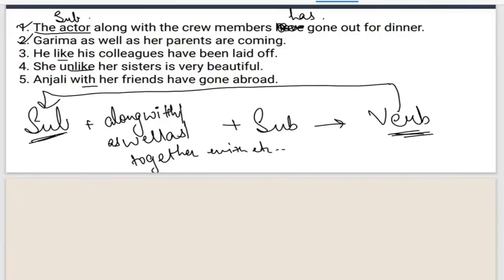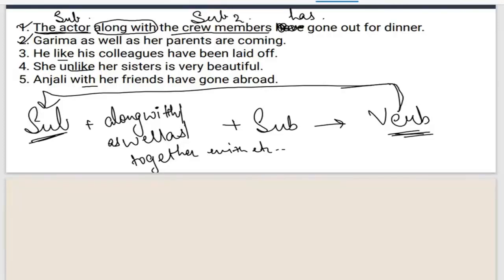Now have a look at the first sentence. The actor is the first subject. It is connected with along with, and the crew member is the second subject. But as I told you, the verb agrees according to the first subject.